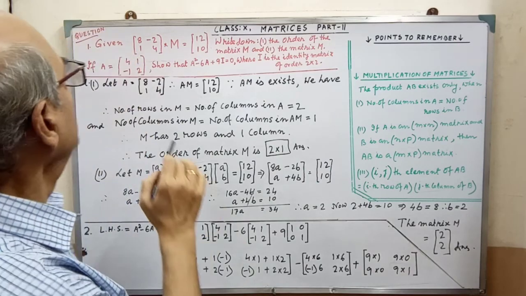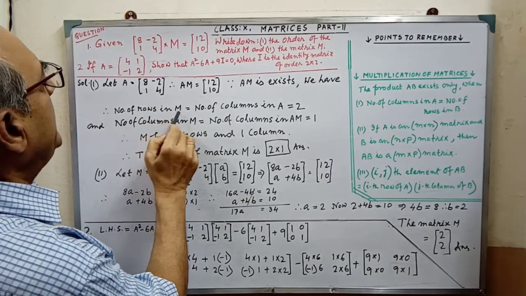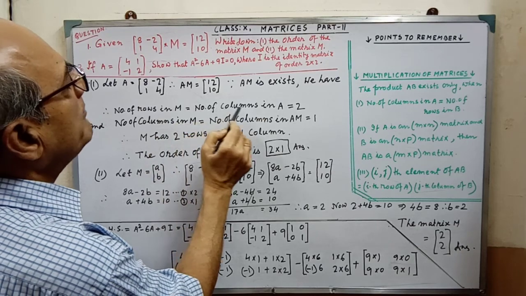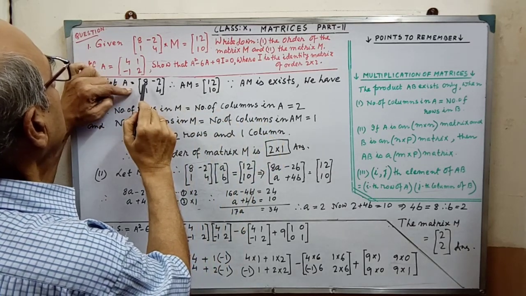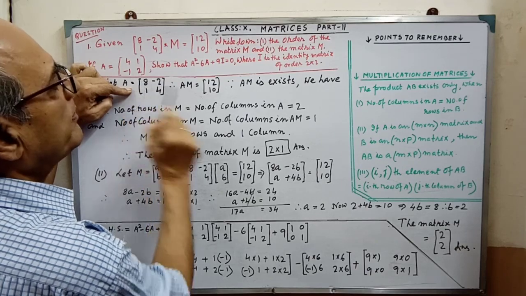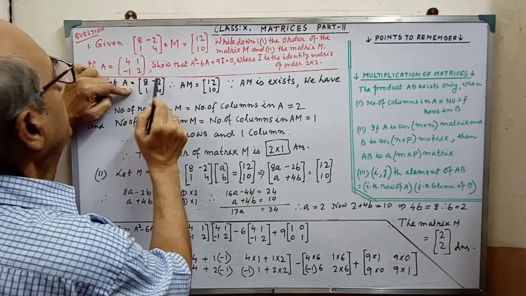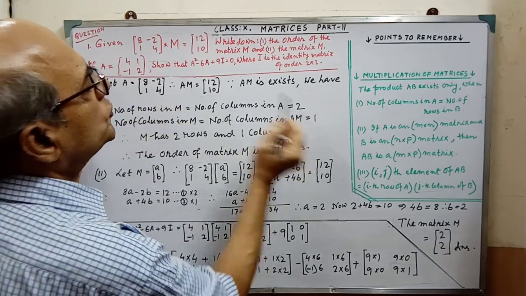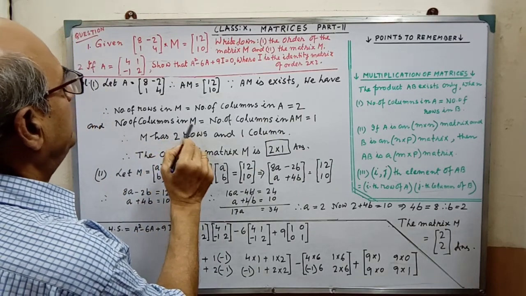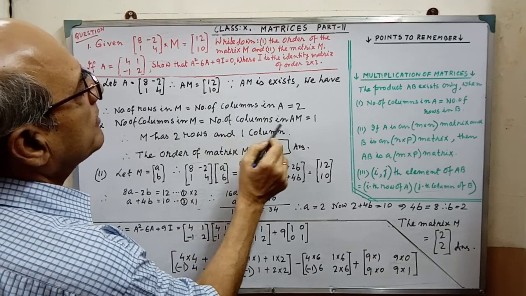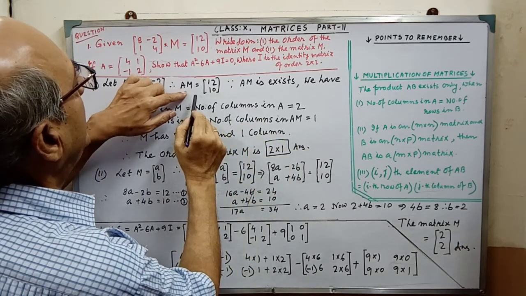Now see, the number of rows in M equals the number of columns in A. A is given, that is, the number of columns in A is 2. So 2. And the number of columns in M equals the number of columns in AM.